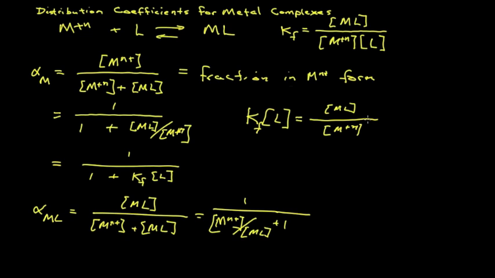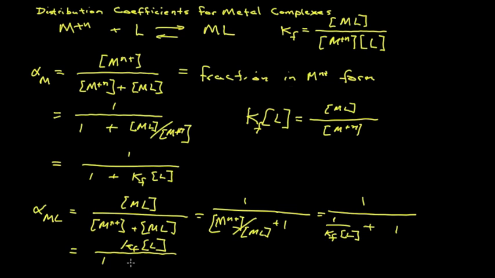Now this ratio is the reciprocal of what we had before, so substituting we get 1 over 1 over Kf times the ligand, plus 1. And to remove the fraction inside the fraction, let's multiply through by Kf times L over Kf times L, and we get our final expression, Kf in the top times the ligand over 1 plus Kf times the ligand.